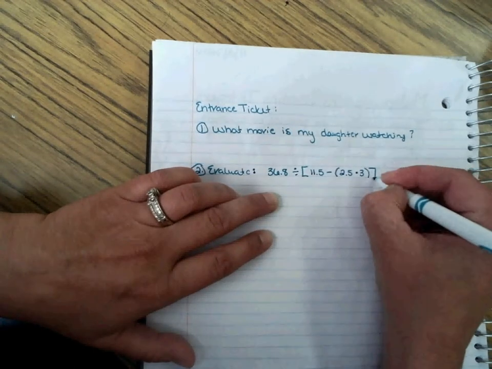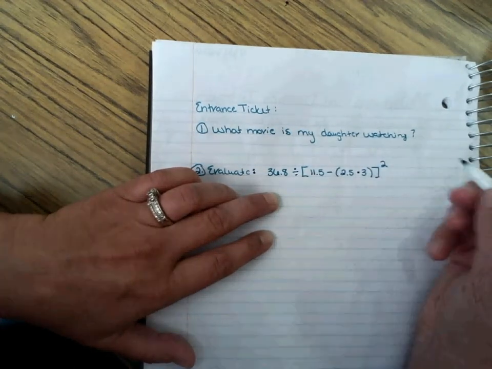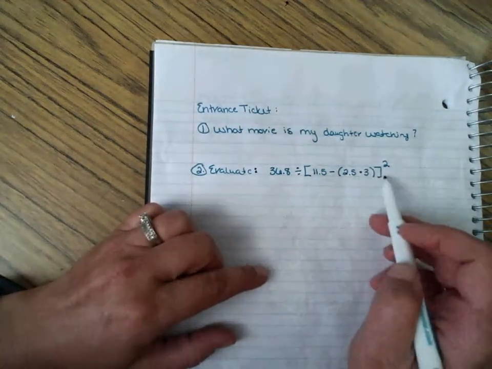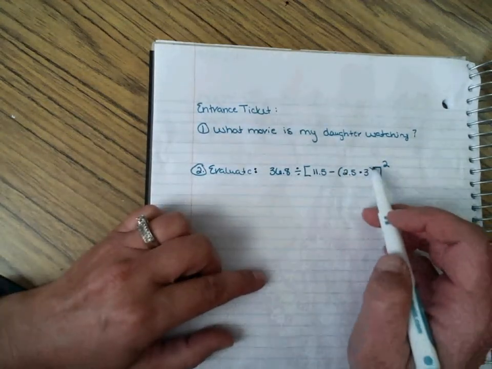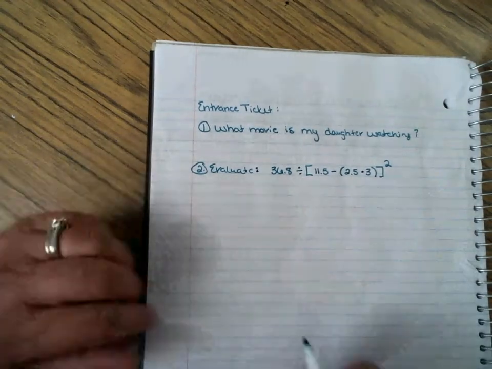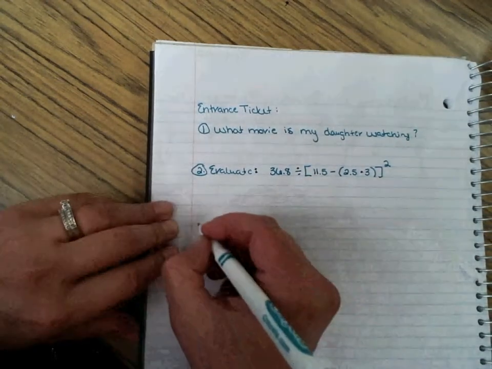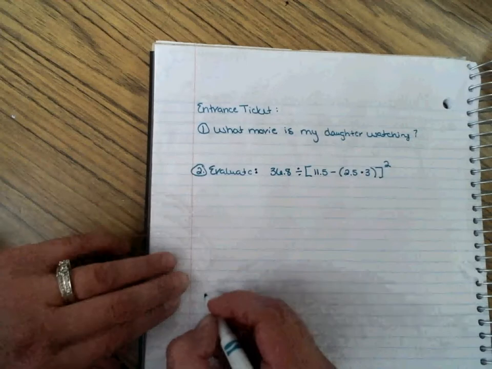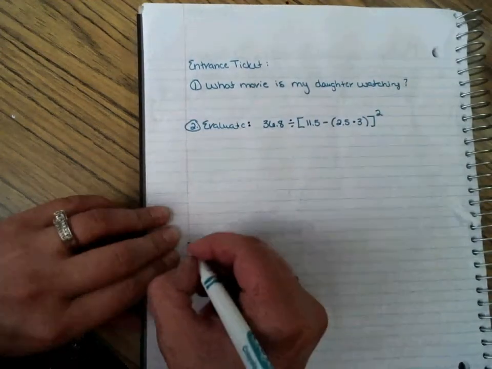Remember, this is a multiplication symbol, times 3, close parentheses, close brackets to the second power. So that means everything that you solve within these brackets, when you get that answer, it is to the second power, whatever it is, before you ever divide. Okay, so that's the first one you're going to evaluate.